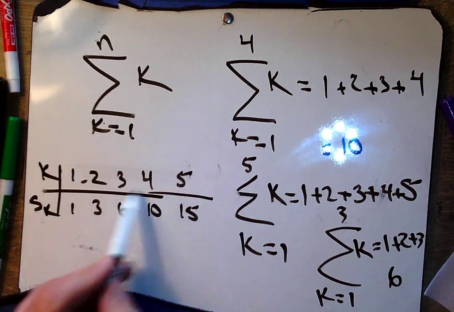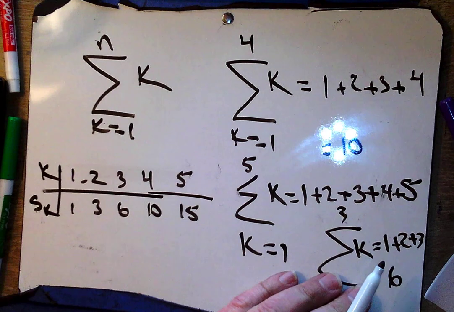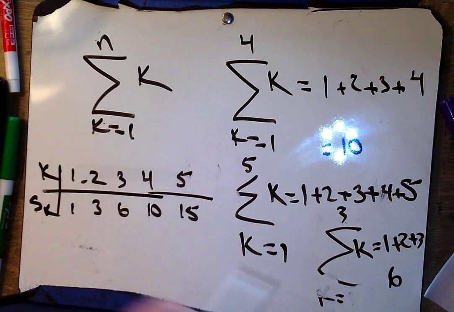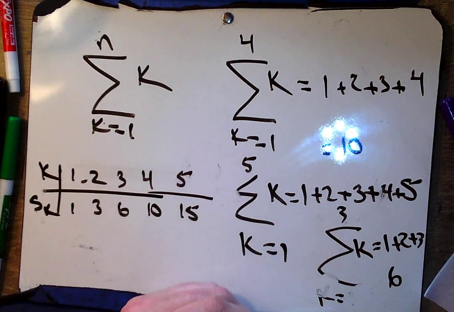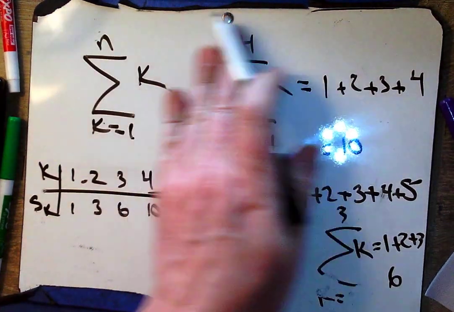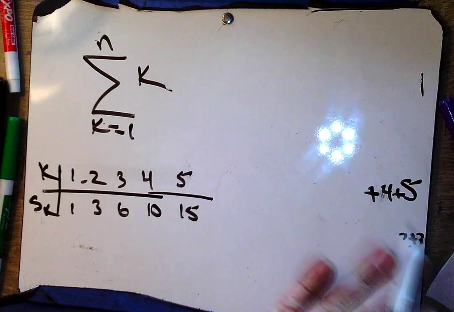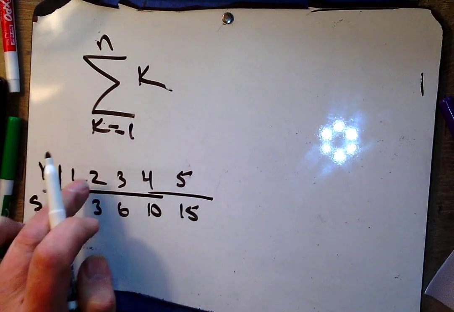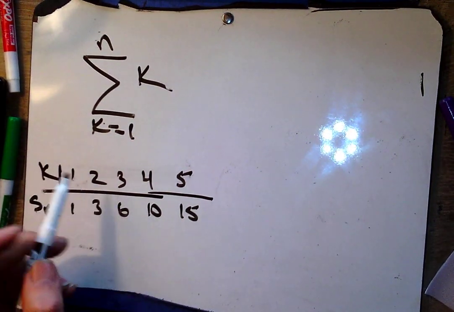Now, what do you notice? I agree, these don't go up by the same amount each time, but that doesn't mean I can't write a rule for them. Check this out, this is really an interesting thing.